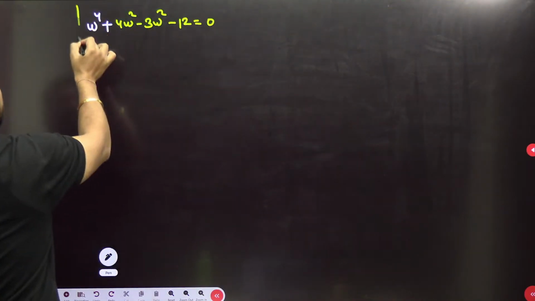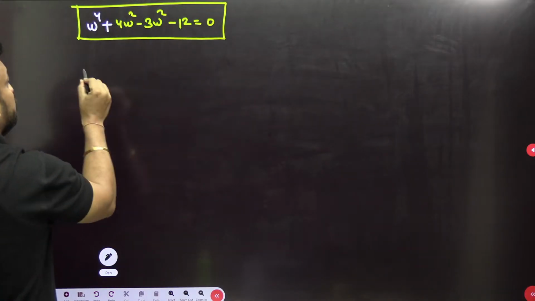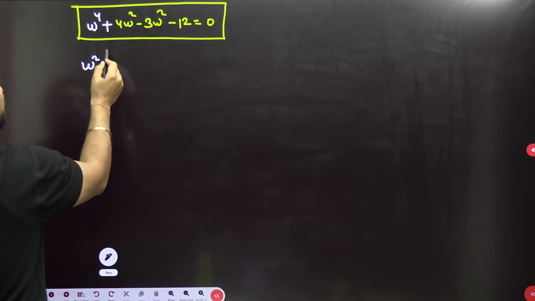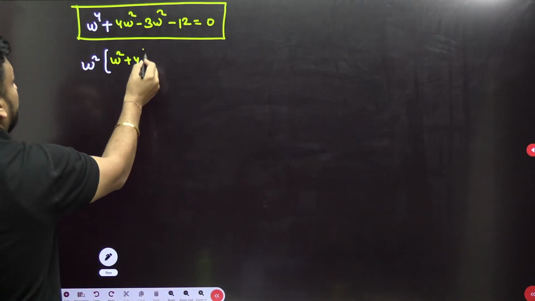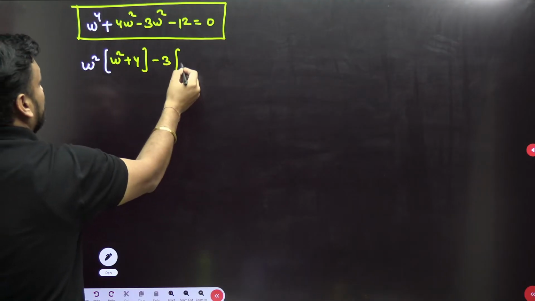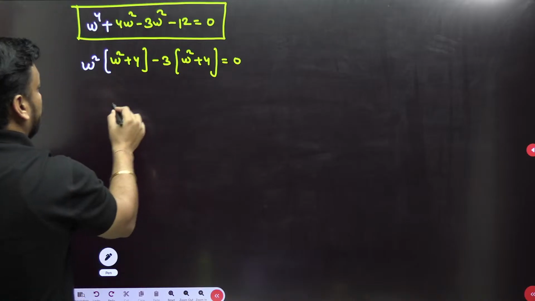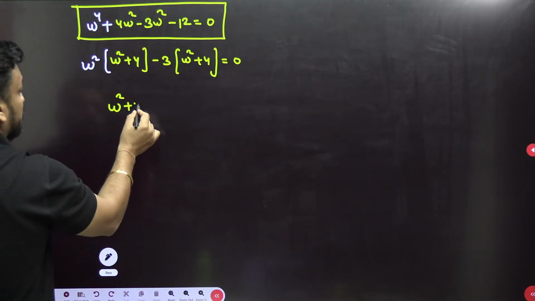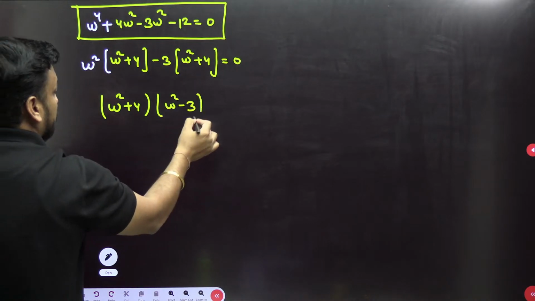Now in this equation, guys, tell me what is 4 minus 3? Is it plus omega square? And 4 3s are minus 12. So once you take common omega square, inside the bracket you will get omega square plus 4. And here minus 3 common, so you will get omega square plus 4 only, equal to 0. So from it we can write omega square plus 4 and bracket omega square minus 3 equal to 0.